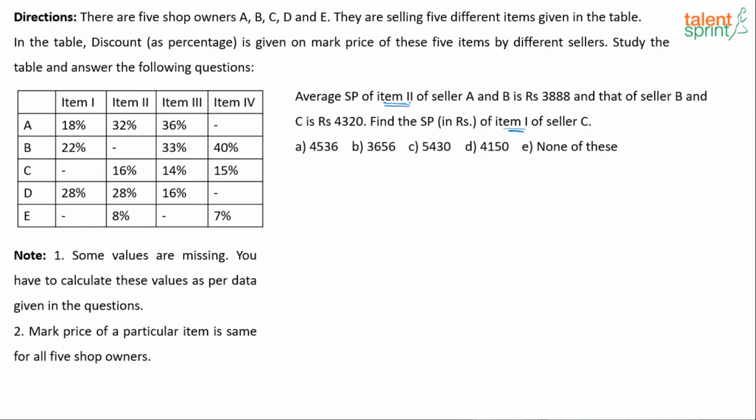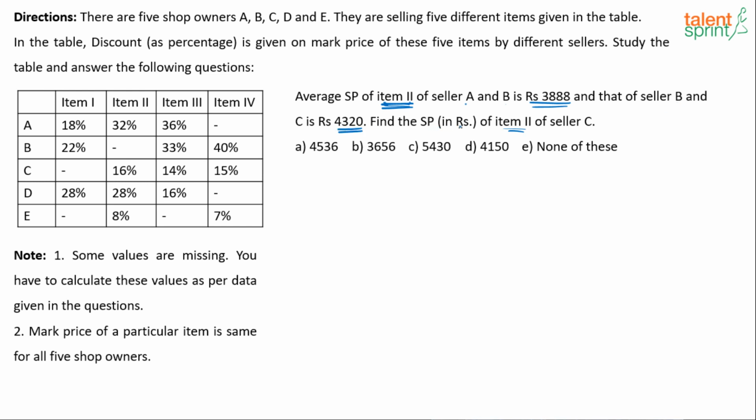Yeah, here's the question. It says average selling price of item 2 for A and B is 3888 and that of seller B and C is 4320.